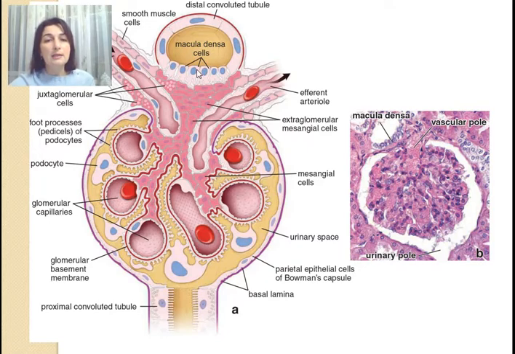Then the macula densa, this is the epithelial lining of the distal convoluted tubule, which attaches to this region. That is a vascular pole of the corpuscle, and that is a urinary pole. In the vascular pole, we are looking at the arterioles, then that is the afferent arteriole, then the efferent arteriole, and between them the distal convoluted tubule attached to this region, and the epithelial lining of this tubule at this region becomes tall, columnar.